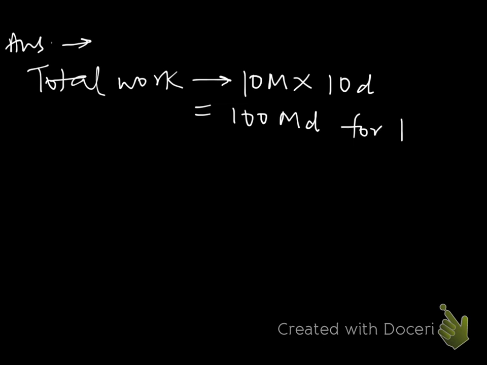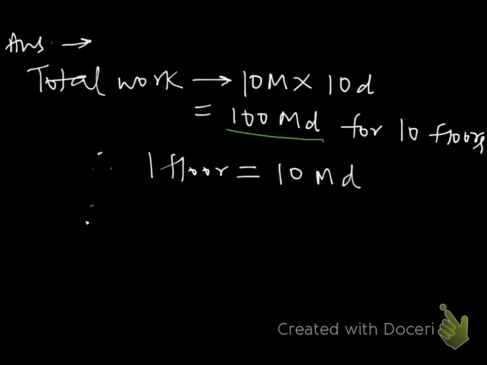And this much work, 100 man days of work, is to be done for how many floors? It is to be done for 10 floors. So the work required for mopping one floor is equal to 10 man days. So for 8 floors, it will be 80 man days.